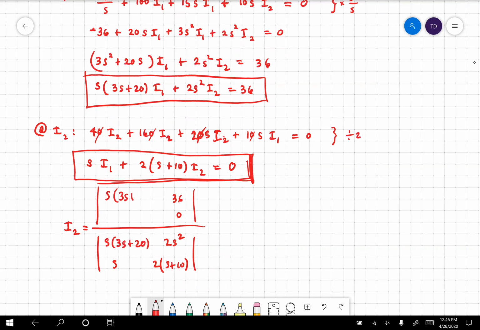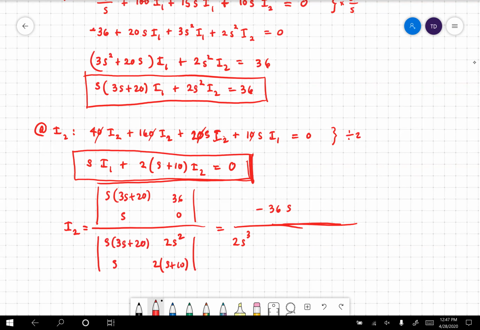S, 3s plus 20, and s. Okay, numerator easy, minus 36s. Denominator, not so easy. 2s cubed. Somebody doesn't want to go to voicemail there.